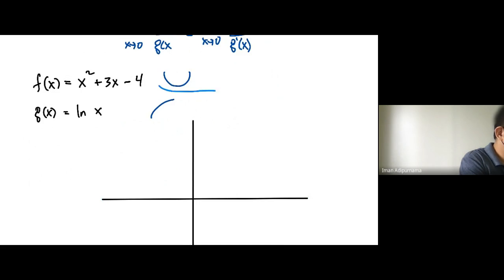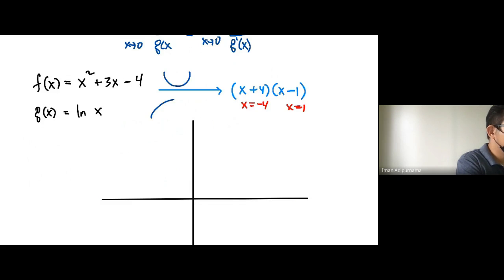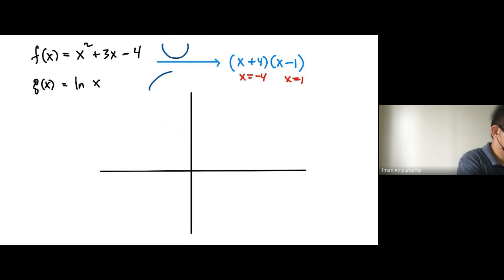The first one we can factorize, and we know the roots are -4 and 1. So maybe one is here and -4 here.